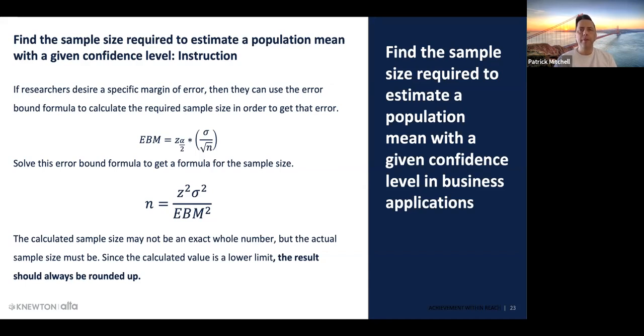So for example, if the question was, how many students do I need to sample in order for my margin of error to be 1 point, and n came out to 82.3, what that's technically saying is I need at least 82.3 students. Well, I can't have 82.3 students, and if you round it down to 82, that's not at least 82.3. So you have to always, always, always round it up.